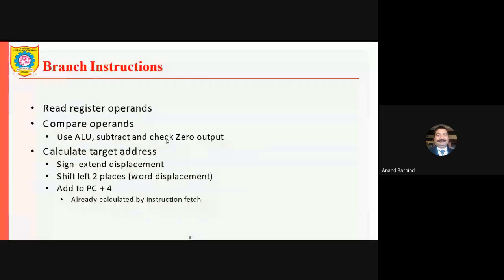If the output is 0, then the branch will take place, and the appropriate control signal will be given.